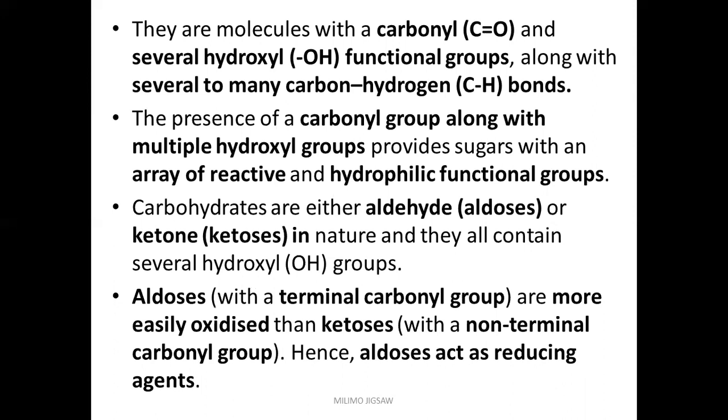Then we said that a ketone is a non-terminal carbonyl group, found intermediate. So how does this act as a reducing agent? We're going to learn more about this as we look at the individual carbohydrates.